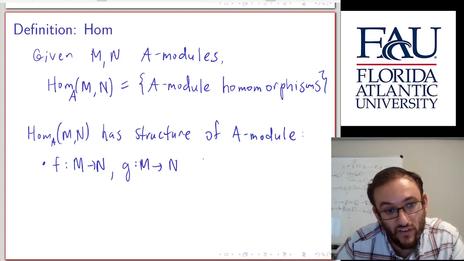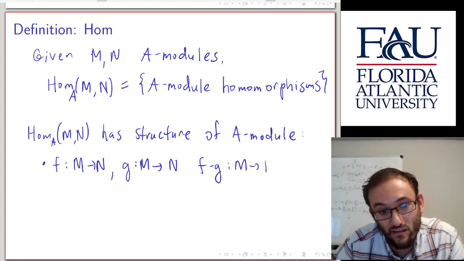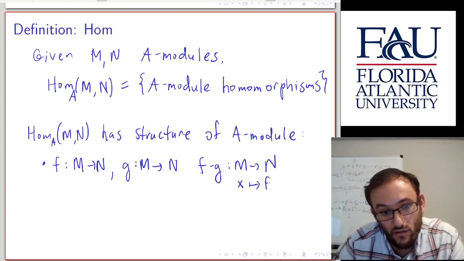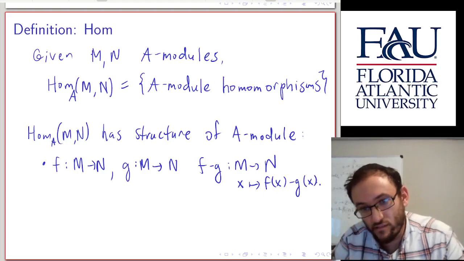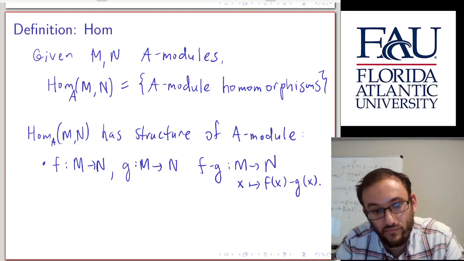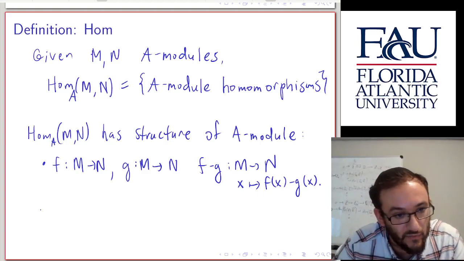So we can just define f minus g from M to N as mapping x to f of x minus g of x. Okay, and plainly this works. You can get additive inverses here because you can take f and you can take minus f. So this is an abelian group.